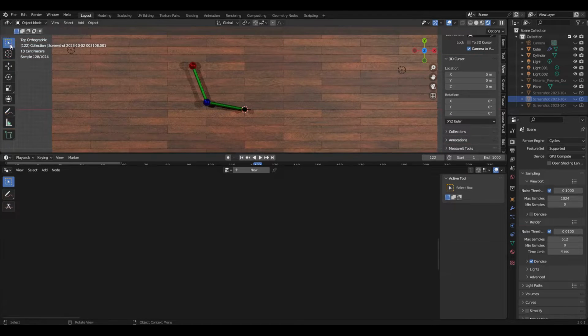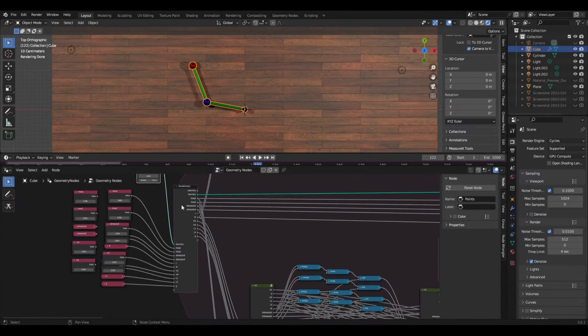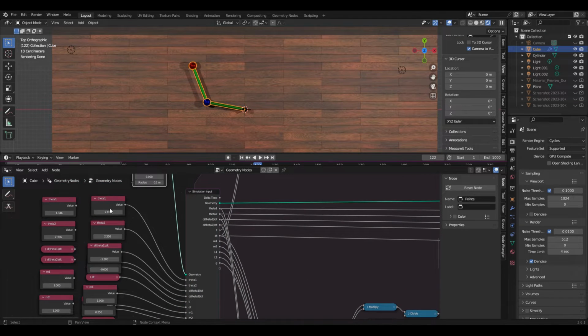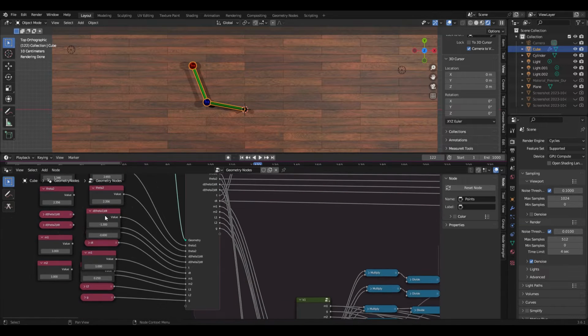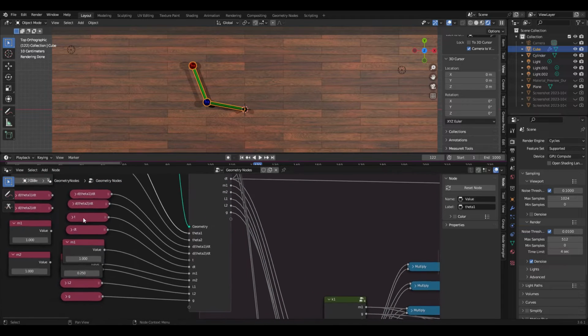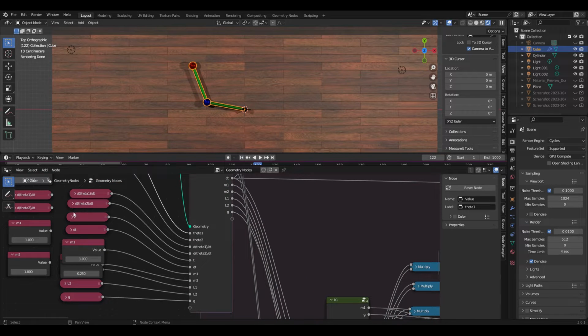So here I have, going into a simulation zone, all the starting values: my thetas, my theta dots, that's the time derivative of theta, your rotational velocities, time, and that's the starting point.